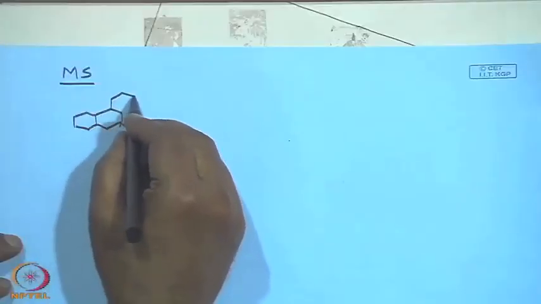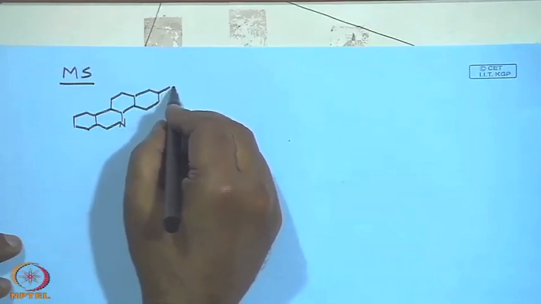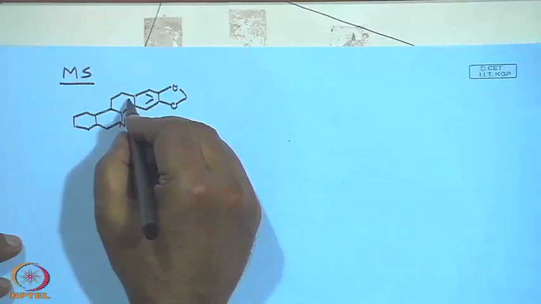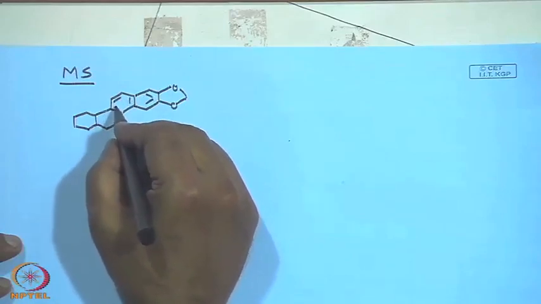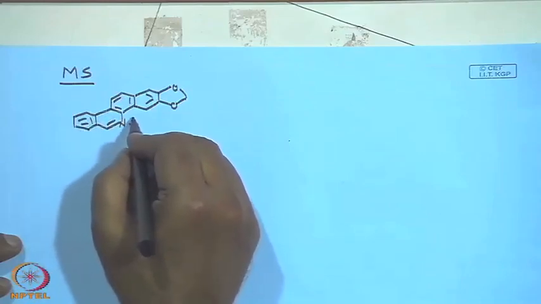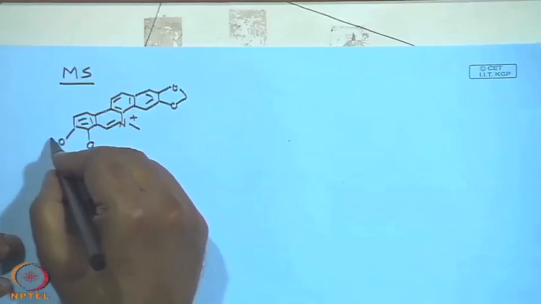Like I have an example here. This was published in 1995. It is an alkaloid. What you will see, if you do this chemical analysis etc., you will get the molecular ion peak, molecular formula etc. It is a tetracyclic molecule, and you have a plus charge here, then this methoxy and methoxy, all these.